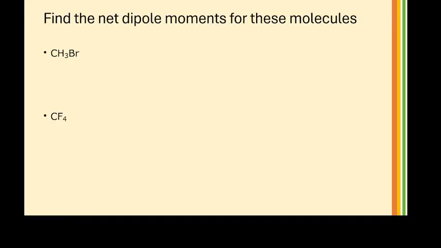Find the net dipole moments for these molecules. Remember, in the net dipole moment, this is very complex. I have to consider, one, are there any polar bonds? So delta EN is greater than 0.4. We're not going to be worrying about the ionic ones, so it can be just as long as it's greater than 0.4.